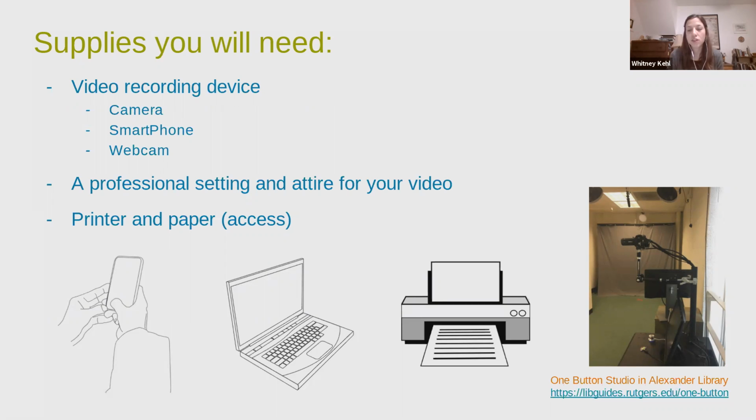And this One Button Studio is a setup where there's camera equipment and a computer and a screen where you could register for a certain window to go use it and do some recording. You can plug in USB drives to the computer and get the content right from the camera onto your own personal media device to take home with you and use for whatever purposes.